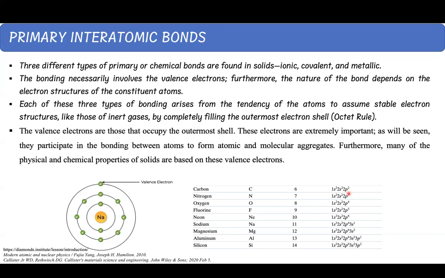The outermost is the 2p2, but there are exceptions, like sp2 hybridization. In that case, 4 electrons play as valence electrons for carbon. Pretty much like that. So let's go one by one.